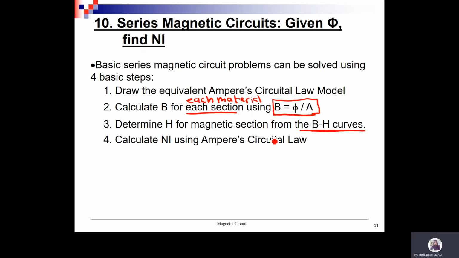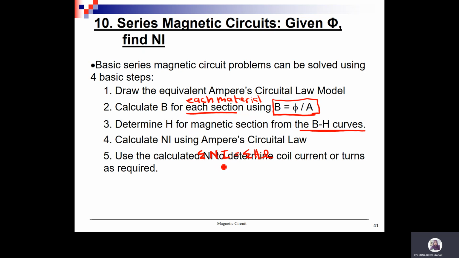And then calculate Ni using Ampere circuital law, using total of Ni equals total of HL. Then use the calculated Ni to determine coil current or turns as required, depending on the question.